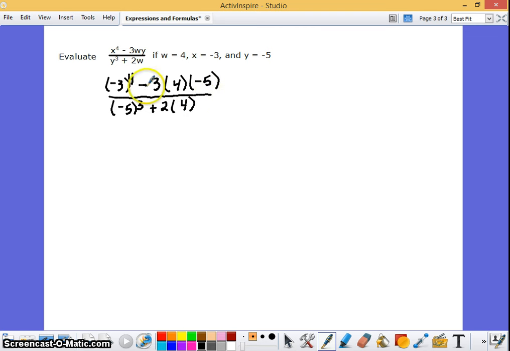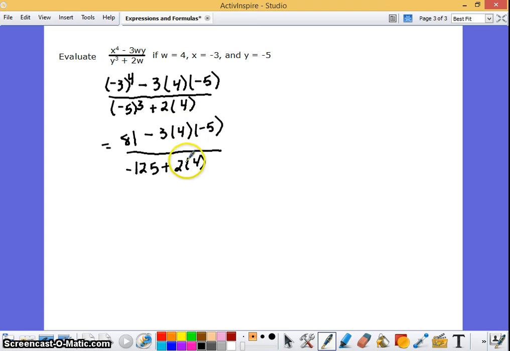Alright, so with this one we are going to simplify the numerator and denominator separately. So both have exponents, so we're going to deal with that first. So negative 3 to the 4th power, if you use your calculator, is 81 minus 3 times 4 times negative 5 over negative 5 to the 3rd power is negative 125 plus 2 times 4.